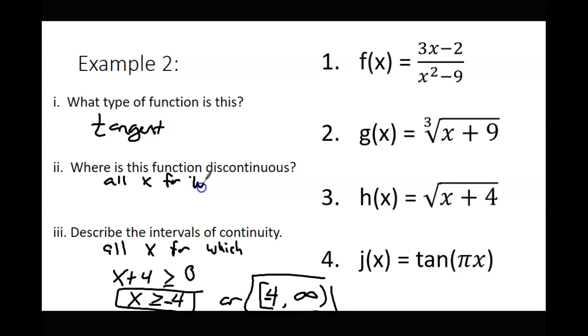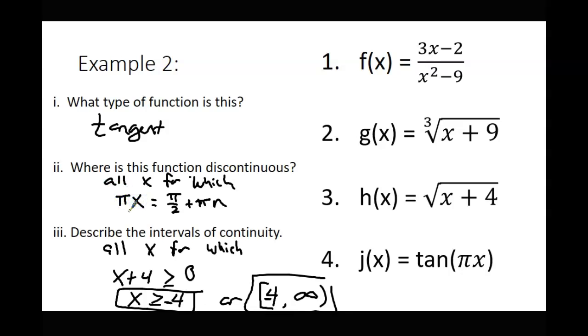All x for which a of x is equal to pi over 2 plus pi n, where n represents any integer. Okay, now in this case, what is my a of x? It's pi x. Good.